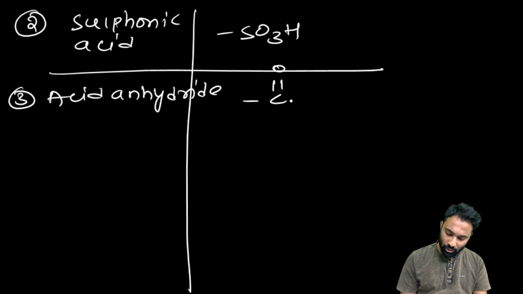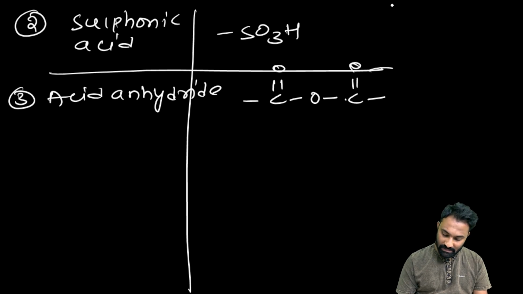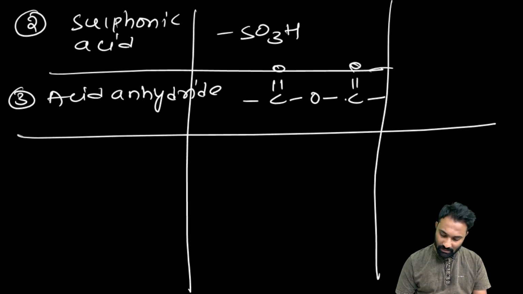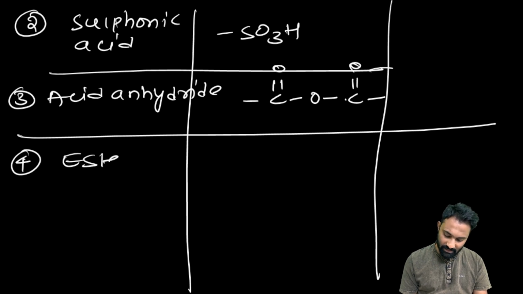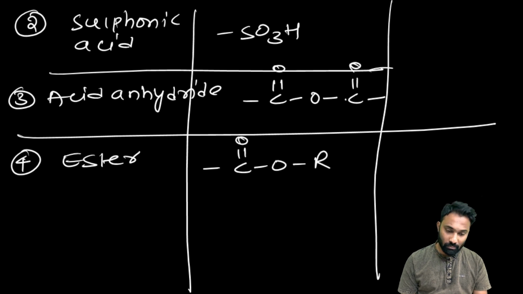C double bond O, bond, C double bond O. Clear? Now the fourth one is the ester: C double bond O bond OR. This R is nothing but alkyl.